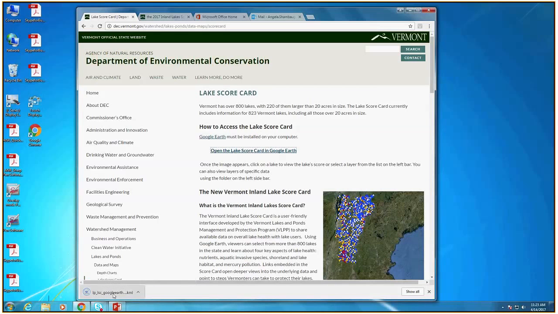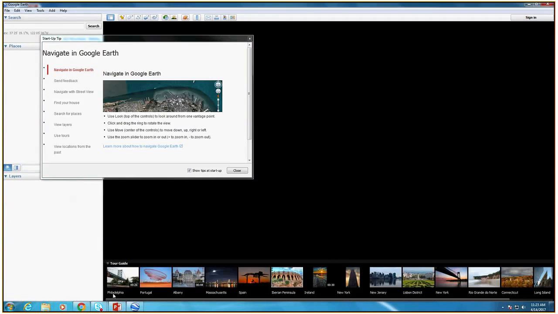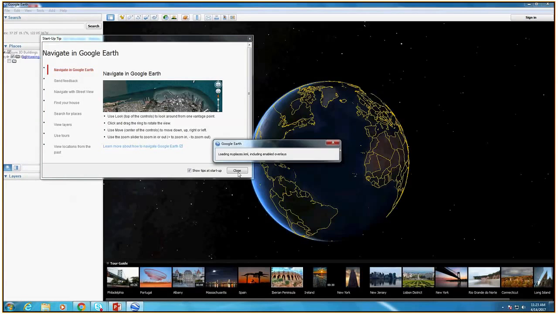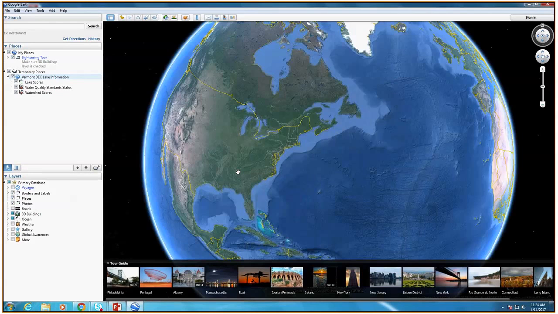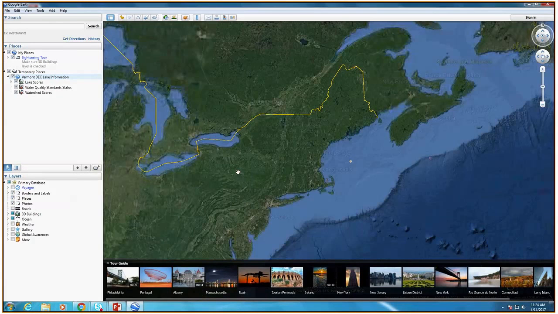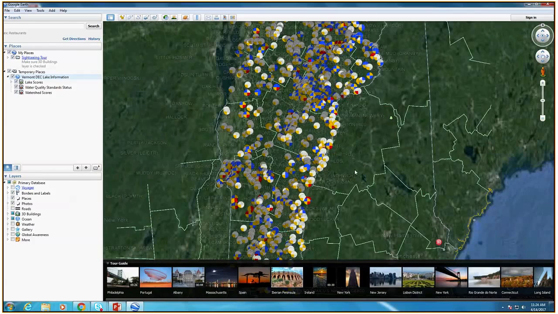A little pop-up shows up on the bottom of your window. Click on that to open Google Earth. And then you zoom in to the Vermont Lake Scorecard.